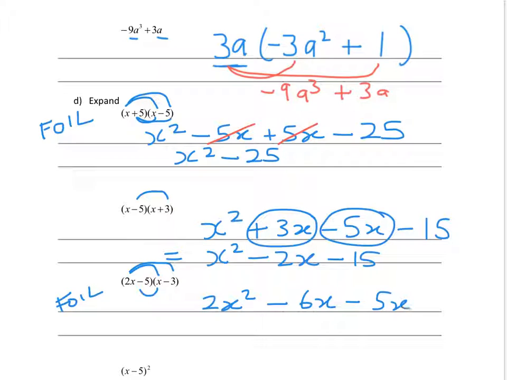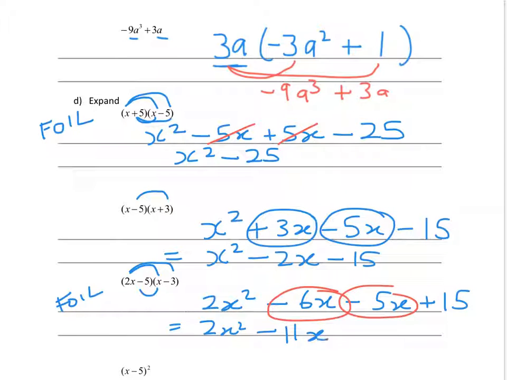Minus 5x. Negative 5 times negative 3 is a positive 15. So I have 2x squared. When I see a minus 6 and a minus 5, I think of that as a minus 11x. Negative 11x plus 15.